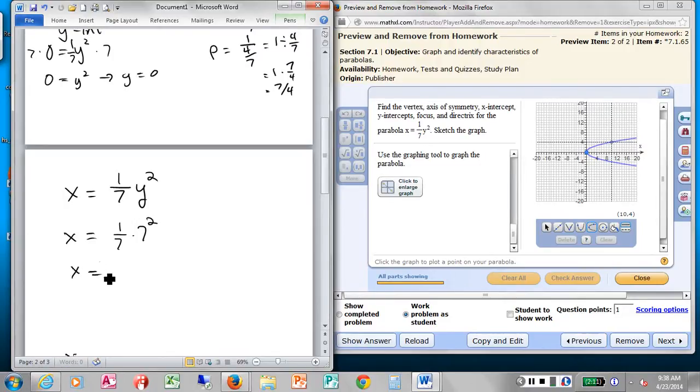Well, of course, that has a nice value. 1/7 of 49 is 7. So when y is 7, we get, nicely enough, x is 7, so we get the point 7, 7. And I think that will be an easy value to put in over here, 7, comma 7.